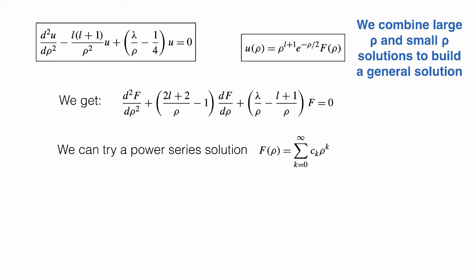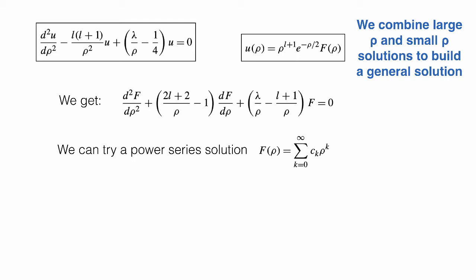If we added, for example, 1 over rho, that wave function would not be normalizable due to the behavior at the origin. So let's have a look at what we did in the previous section of this chapter. We're going to try a power series solution, which is a general solution for the problem, and we're going to see if it is possible to determine the coefficients c_k so that f of rho obeys the equation.